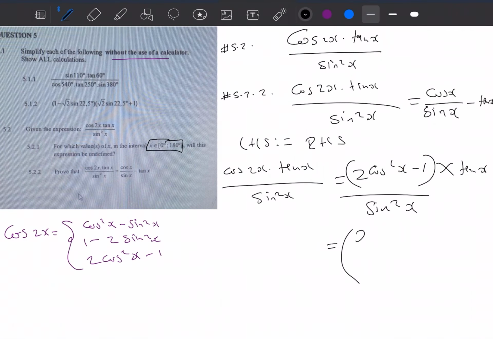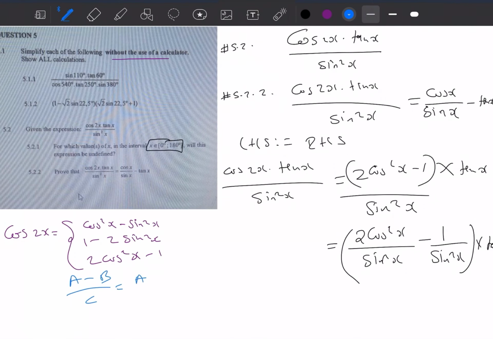This is the same as 2 cos squared x over sine squared x minus 1 over sine squared x, times tan x, right? We know a minus b over c is a over c minus b over c. That's what I did there. So this is a, this is b, and this is c.